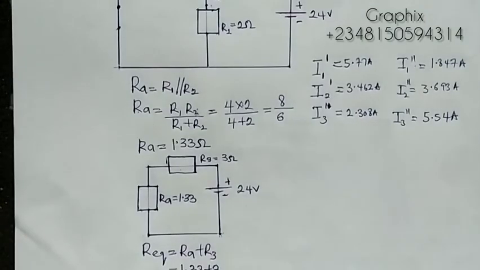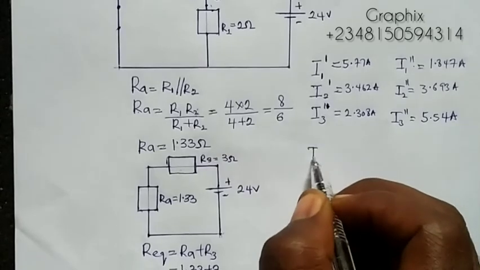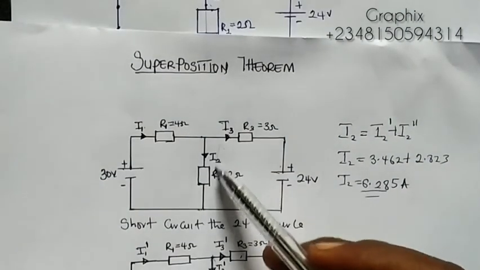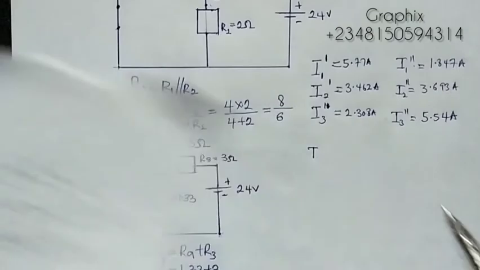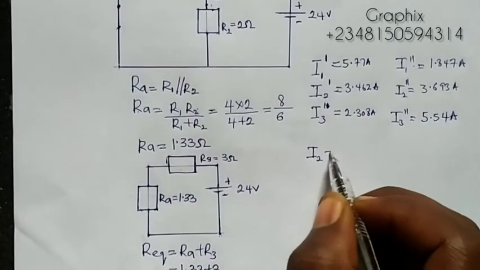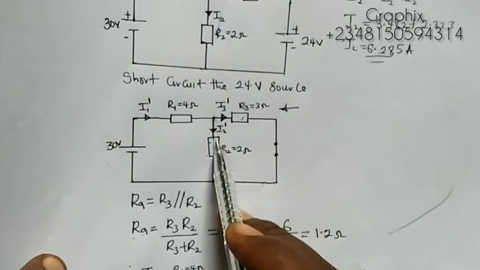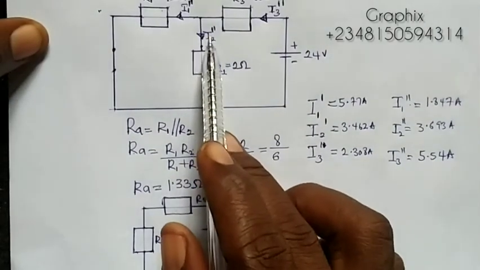The next thing we'll be doing is that if we want to know the current flowing through the R2 ohms, we want to know the current flowing through this R2 ohms here. So I2 is facing down. You see that I2 prime is facing down, and I1 prime is also facing down.